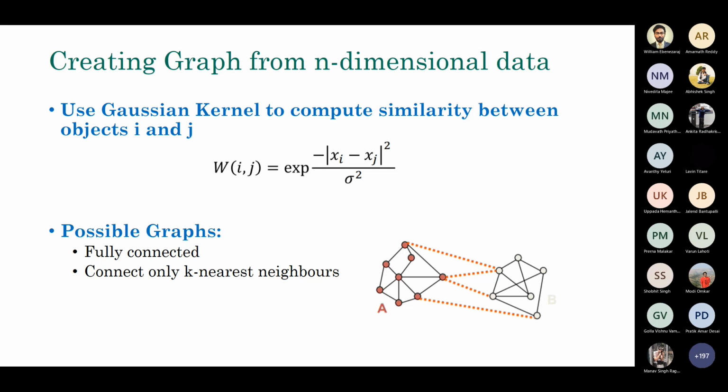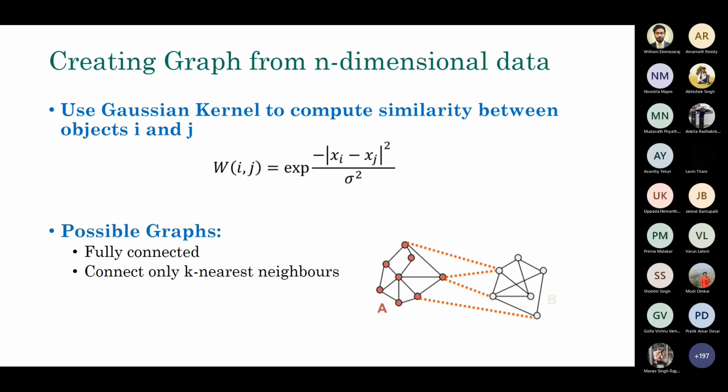The numerator of this expression is basically the distance between two objects, and the denominator is a parameter, which is constant, so you don't have to worry about it. If the distance is close to 0, then you are going to get a Wij value close to 1. This is the maximum possible value that you can achieve.